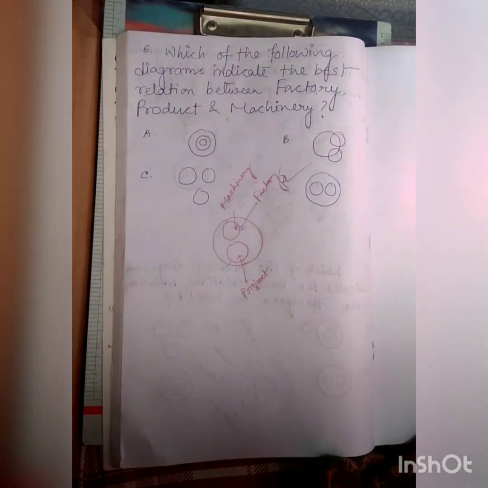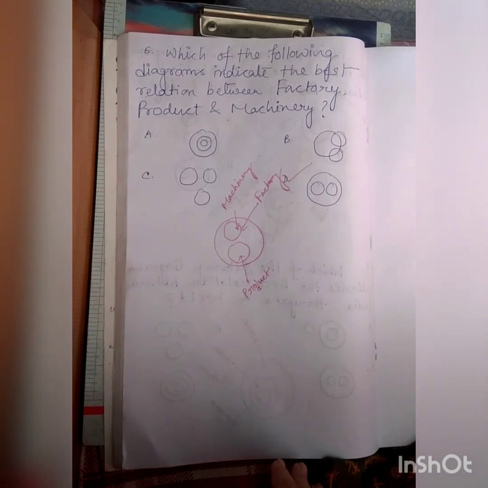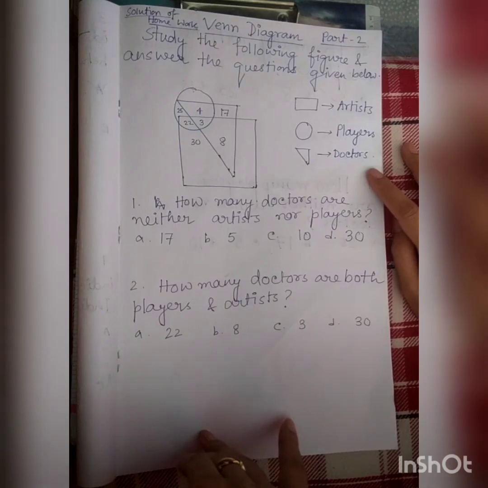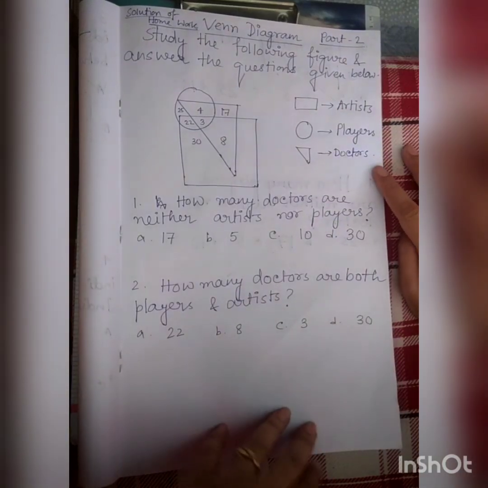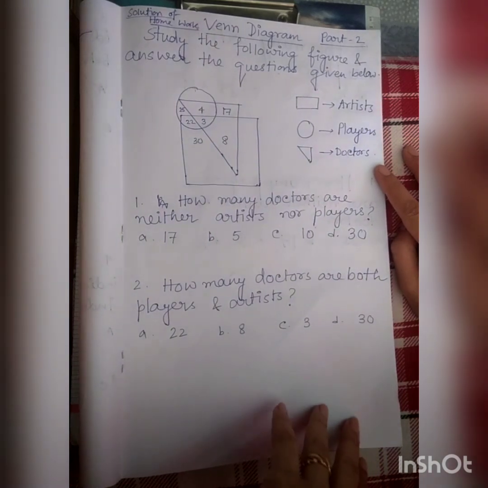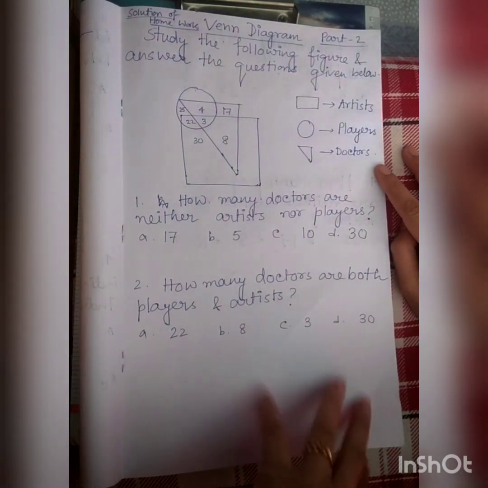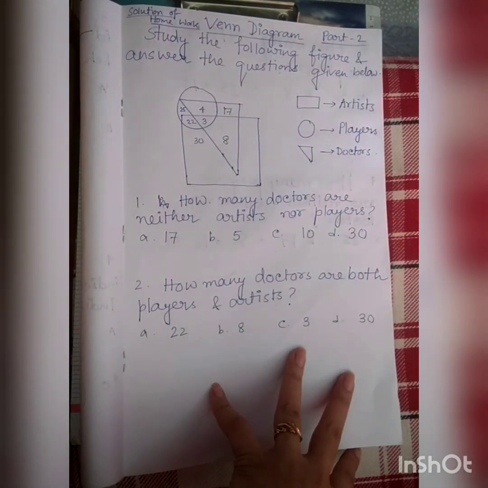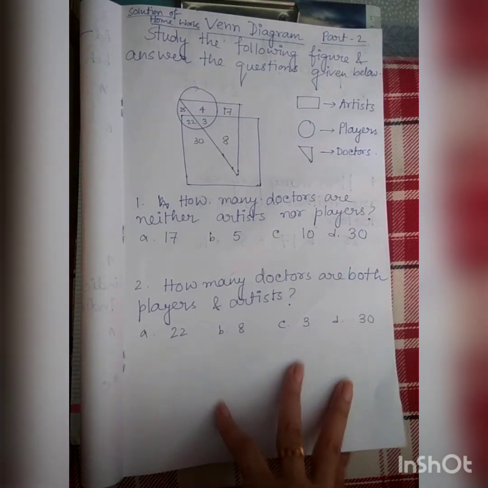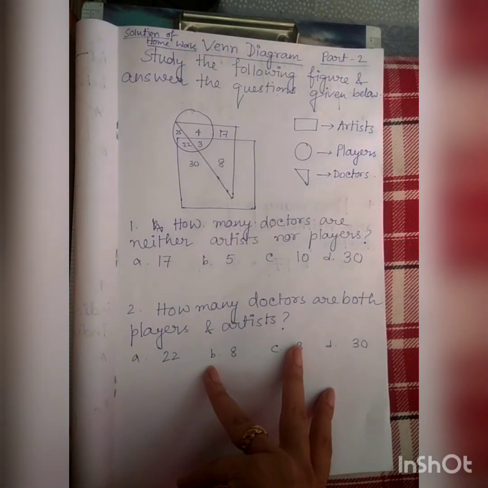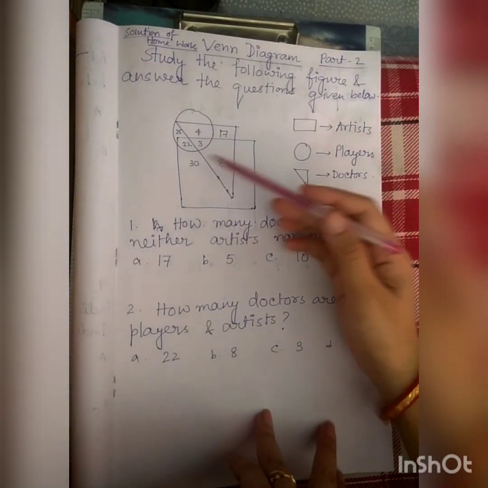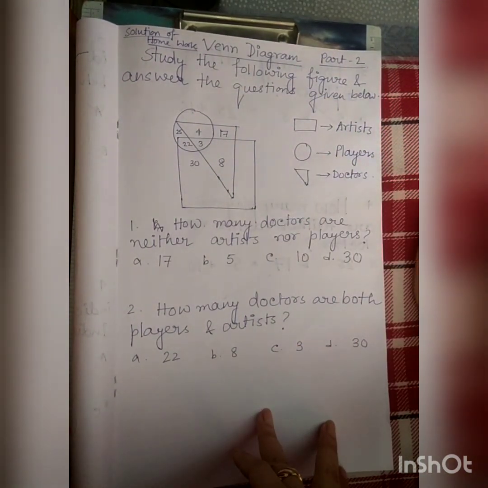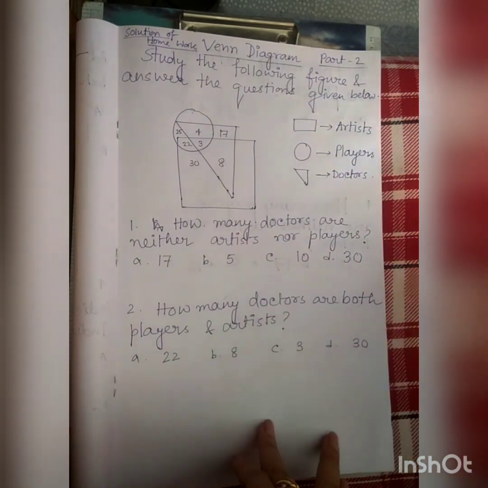So now we will do the homeworks which were given in the Venn diagram video of part 2. Now we will solve the homework of the video of Venn diagram part 2. You can see this. Now in the first question you can see that this is the diagram given, and based on this diagram some questions are given.